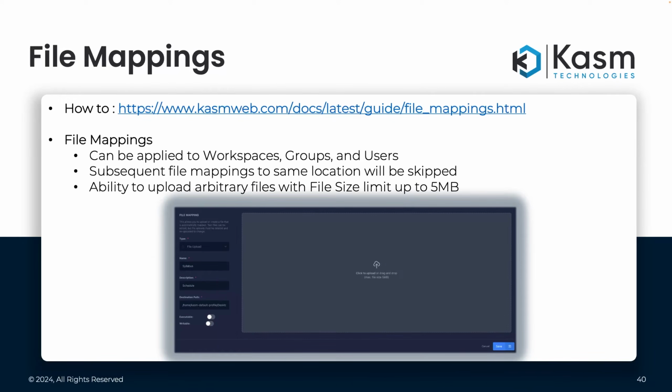For this demo, we will show that you could place or upload an arbitrary file to the user's home directory or desktop. You know, these can be applied at the workspace, group, or user levels. If you have these configured in all three places to the same location, right? Any subsequent file mappings that occur to the same location will be skipped.